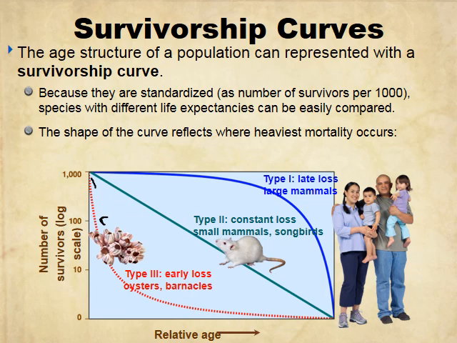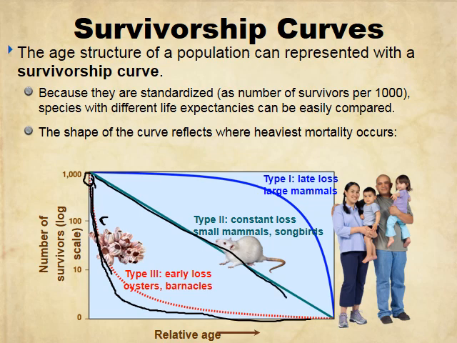When you take a look at fish and oysters and barnacles, you have 1,000 eggs that go out, and most of them are eaten, and very few live to adulthood. So as their age goes on, there's huge early loss. Not very many of them make it, but the ones that do make it will live relatively long.